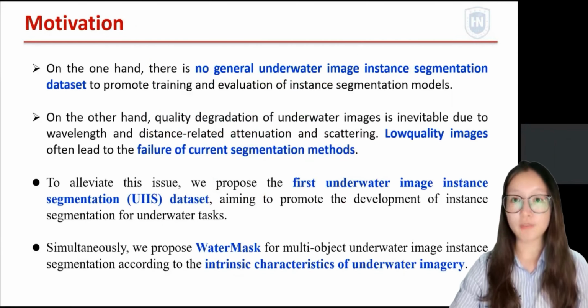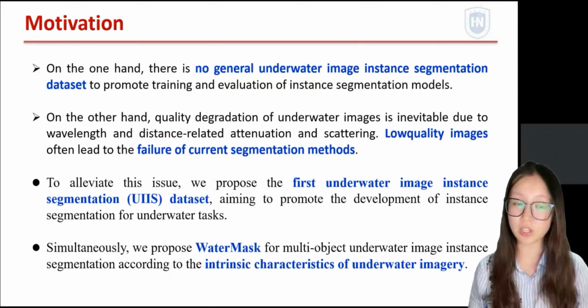As for the motivation of our paper, the first one is that there is no general underwater instance segmentation dataset. On the other hand, quality degradation of underwater images is inevitable, so low quality images often lead to failure of current segmentation methods.